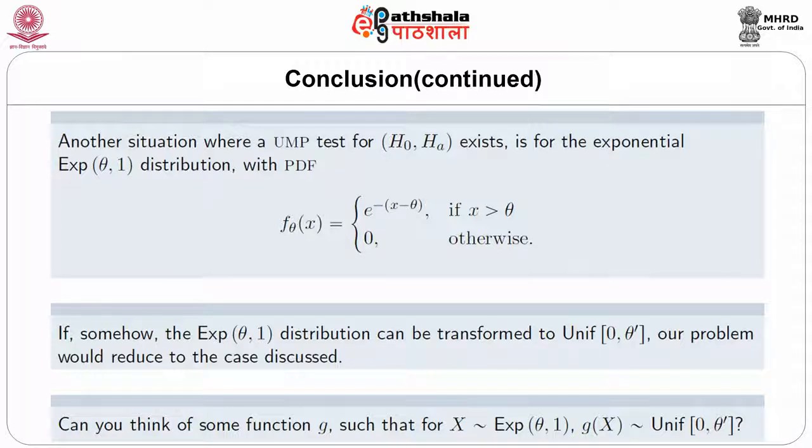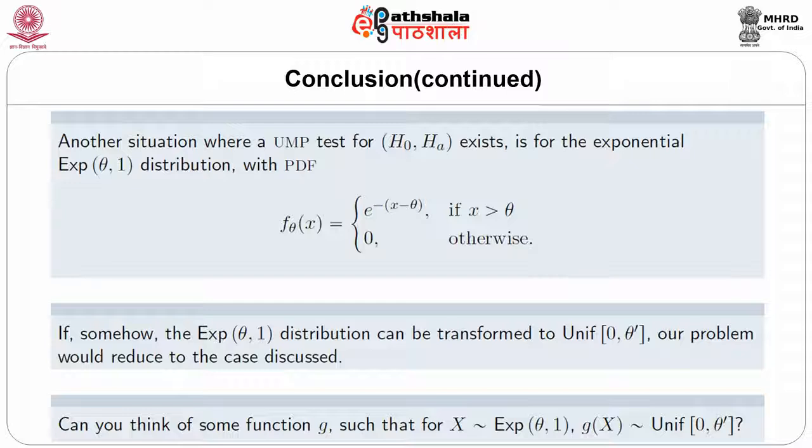Now, another way you can solve this uniform 0 theta problem is by using the optimization technique. So, you have to find phi such that E theta of phi is maximized for every theta not equal to theta naught, subject to the expected value of phi under theta naught being less than or equal to alpha.